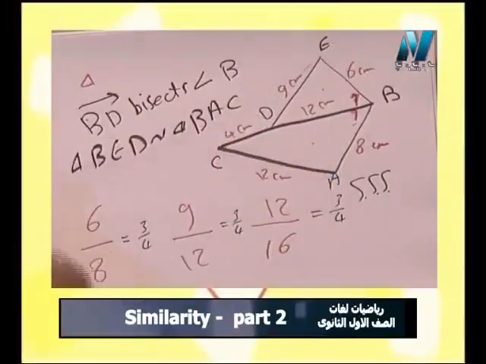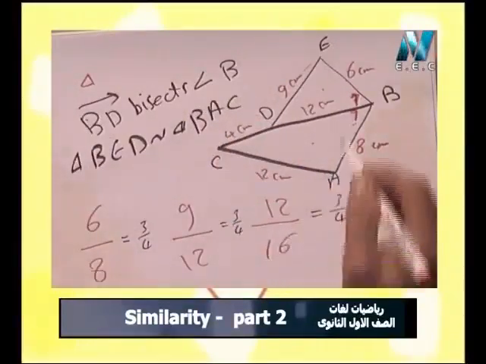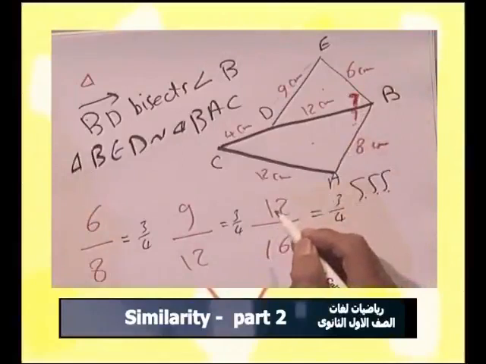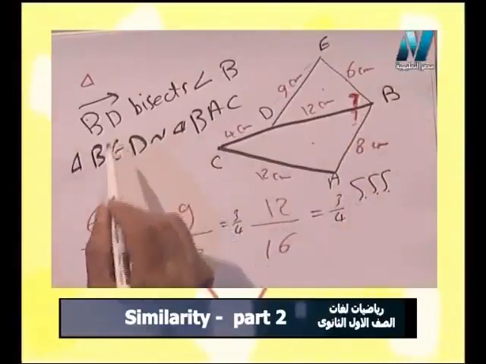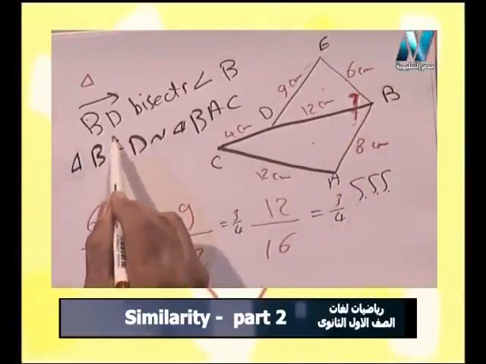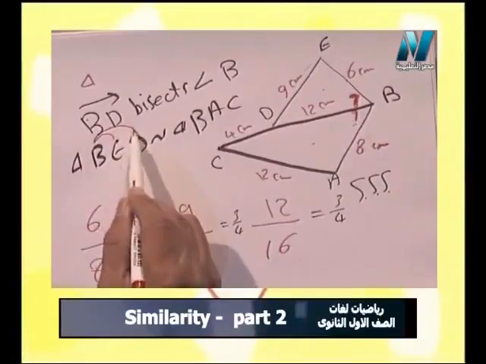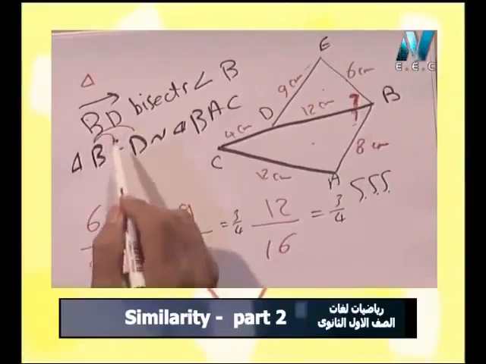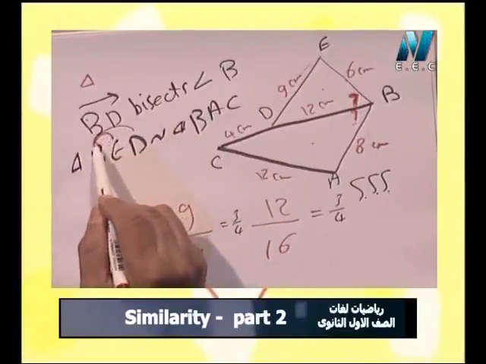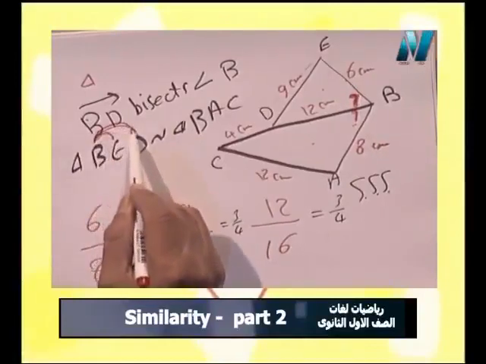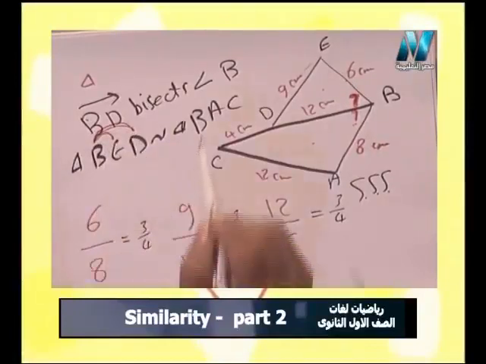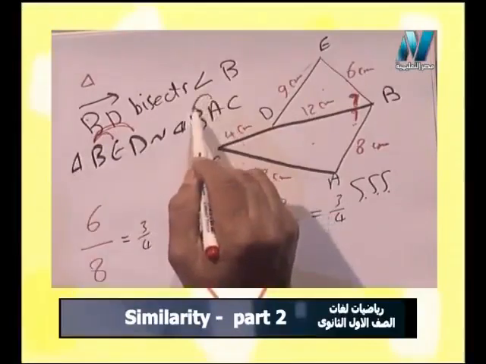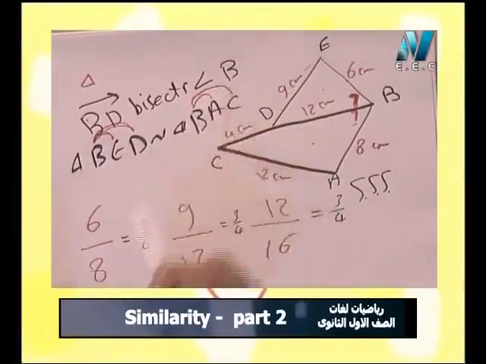And we try to find out these two angles, which is B. If we call the triangle EBD, concentrate with me, we start with E, go to B on this side, and return back to D, it will be equal to the measure of angle ABC.